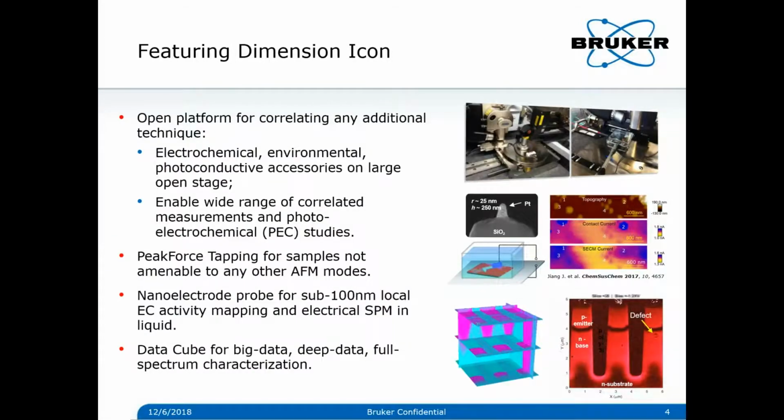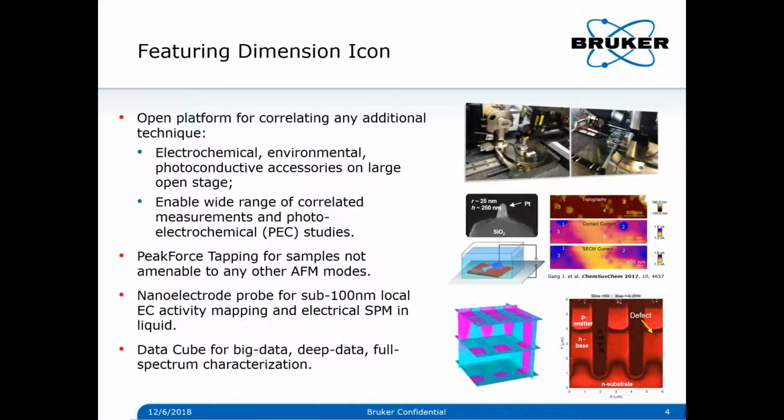Now, all the experimental data you see in these webinars was acquired using our Dimension Icon and FastScan platform, which is one with an open motorized stage, and that's used often in this work for electrochemical control, environmental control, photoconductive, or photoelectrochemical studies.